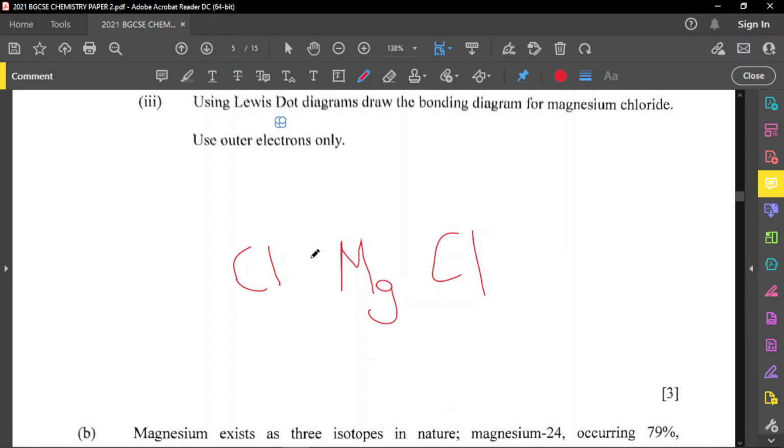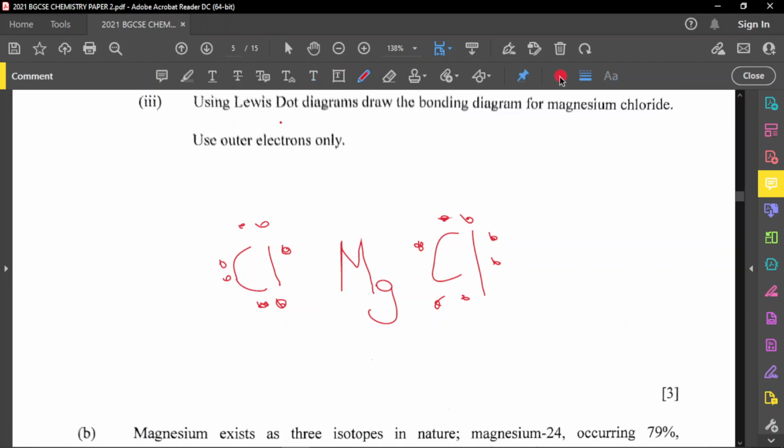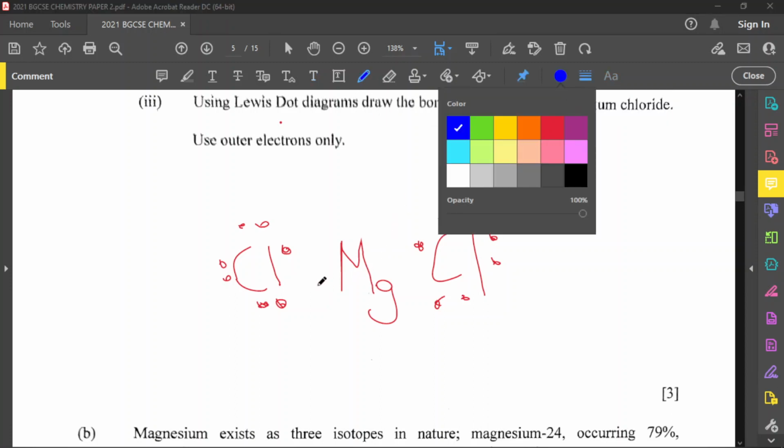What you need to remember now is that each chlorine has 7 electrons. So I'm going to put 7 electrons: 1, 2, 3, 4, 5, 6, 7. I'm going to use a different color to represent it differently again. Chlorine has 7, so that's 1, 2, 3, 4, 5, 6, 7. Now I'm going to put a different color in for the electrons of magnesium.